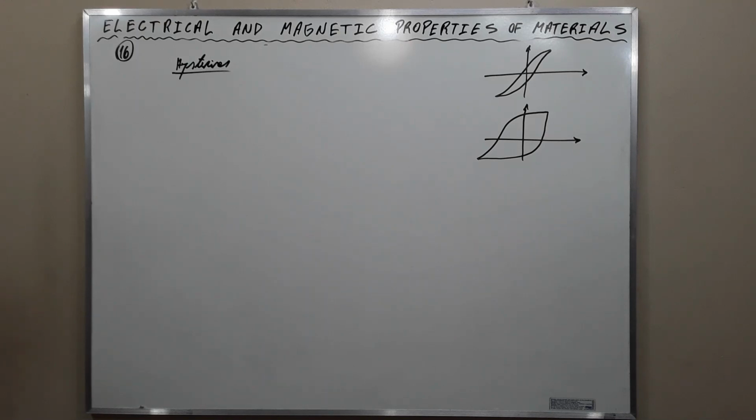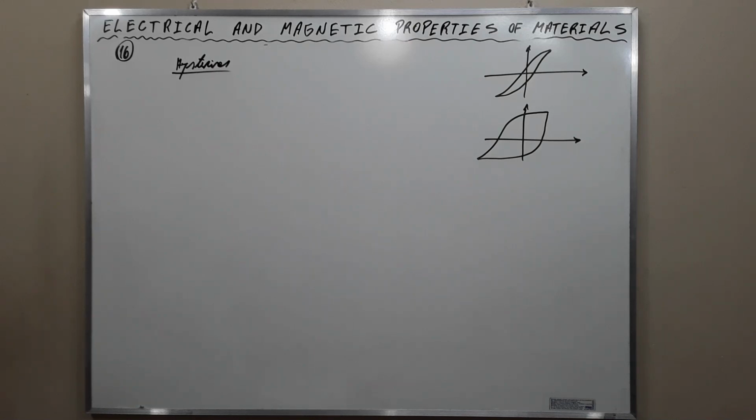What is hysteresis? When a DC current is applied to a coil having an iron core, the material's magnetic domains align in a single direction. To reverse the direction of the domain alignment, current of opposite direction must be applied. Okay?